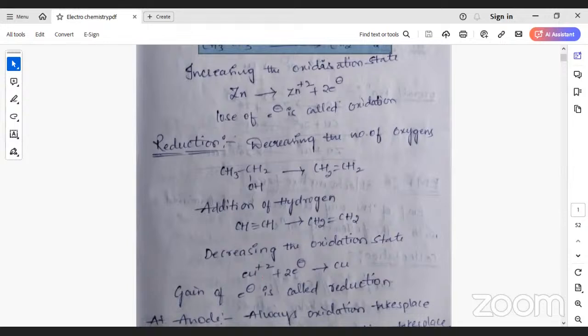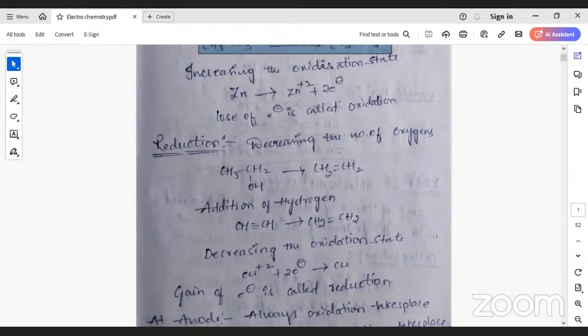The oxidation potential of zinc is plus 0.76. Then the oxidation potential of copper is minus 0.34. So both are oxidation potentials. Right side minus left side, that means minus 0.34 minus 0.76. Therefore, minus 1.1 electron volts.